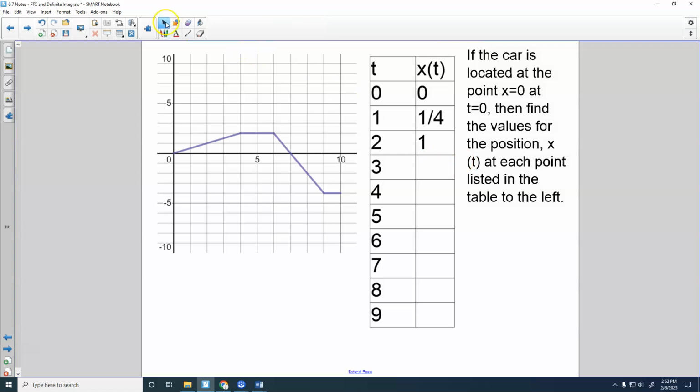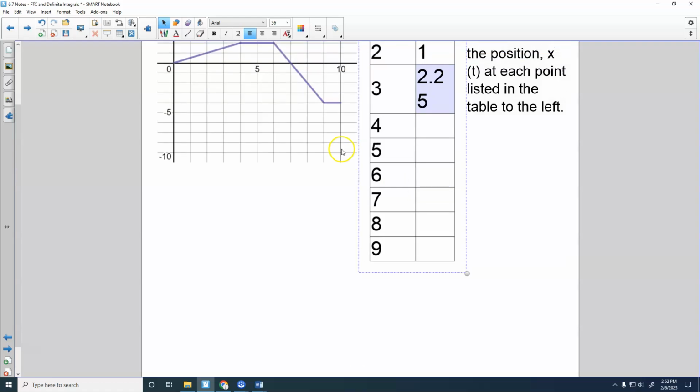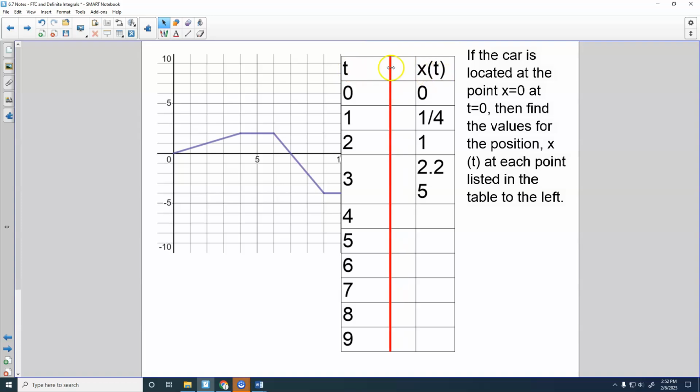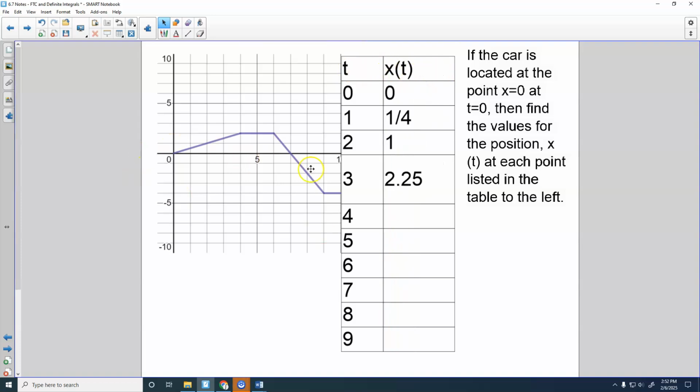Okay. The next one, let's see, that would be 3. I think it's going to be 4.